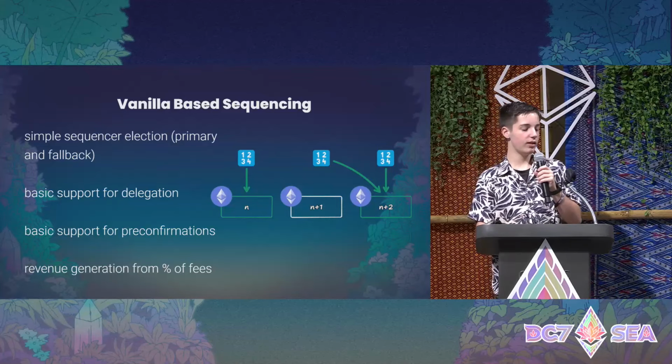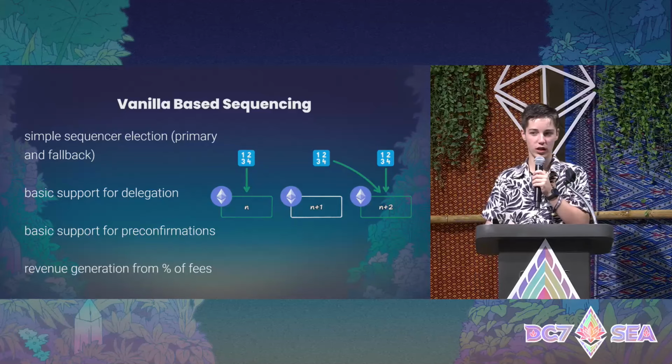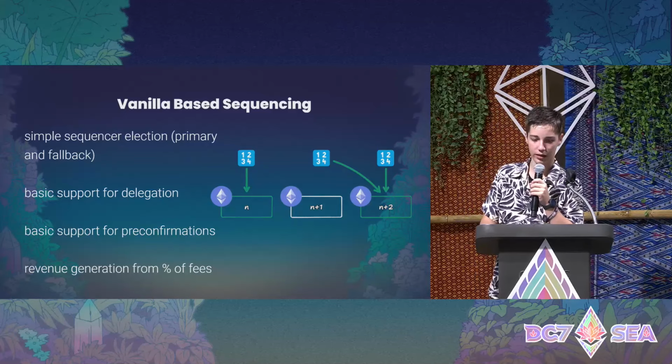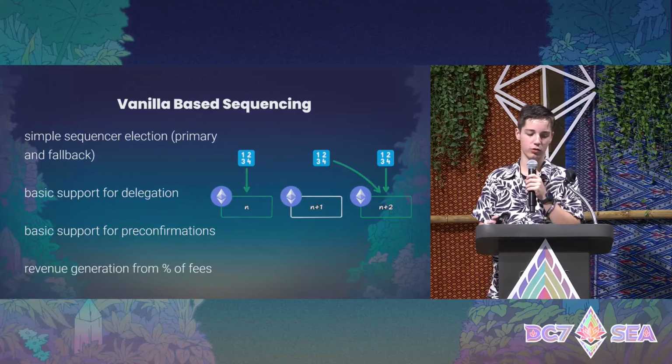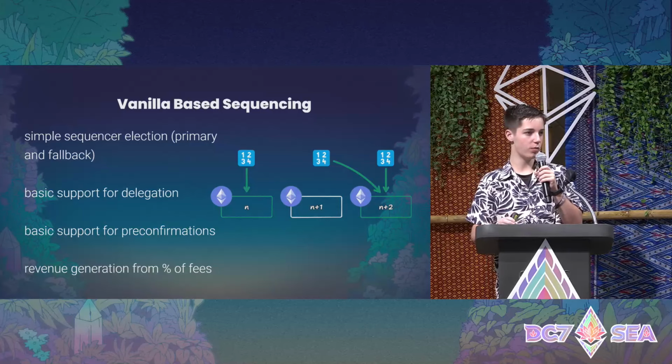So the other thing that vanilla based sequencing includes is kind of very basic primitive support for delegation, which is allowing the Ethereum proposer to give the rights to their based rollup block to an external builder without directly going through MEV-Boost. It's like external to the MEV-Boost auction.